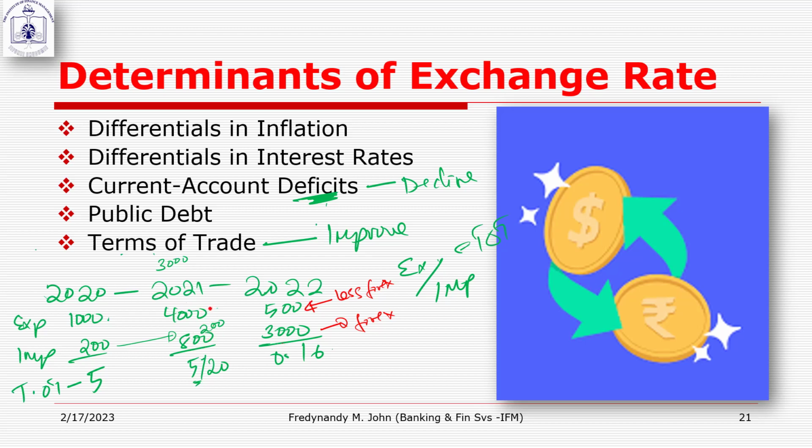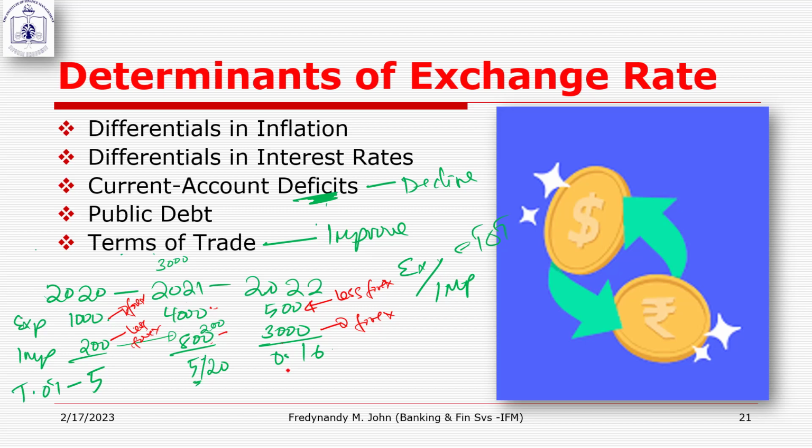Likewise here, you earn much more foreign currency compared to the year 2022, but again you use a significant amount of the forex for imports. In the year 2020, you earn a lot of forex, you use less forex.